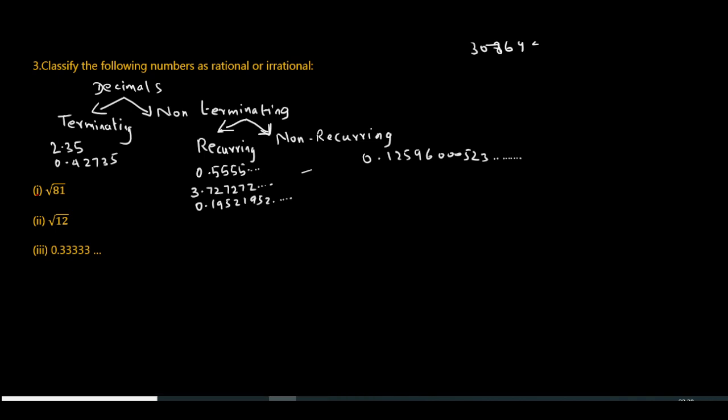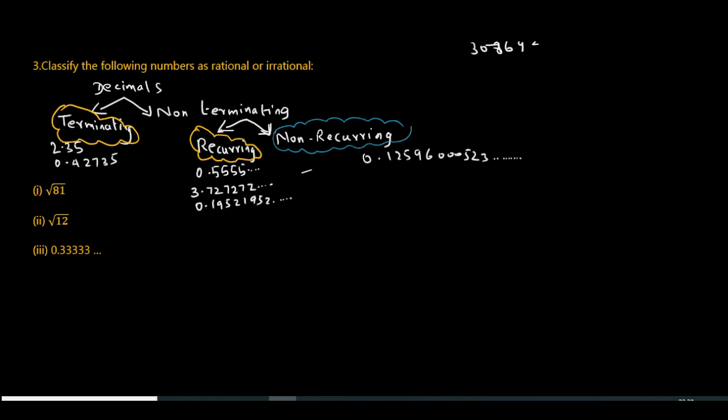Now, terminating numbers and non-terminating recurring numbers are rational numbers. So these two are which one? Terminating and non-terminating recurring. These two are rational numbers. Non-terminating non-recurring numbers are irrational numbers, not rational numbers. So two types of number.